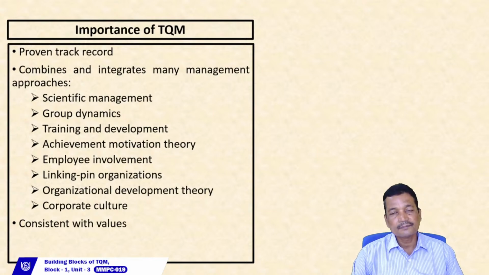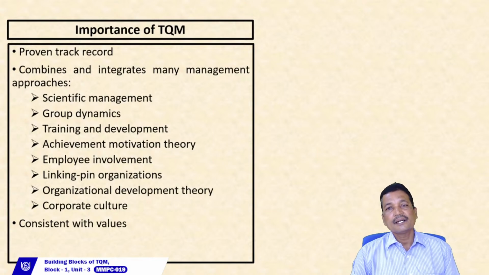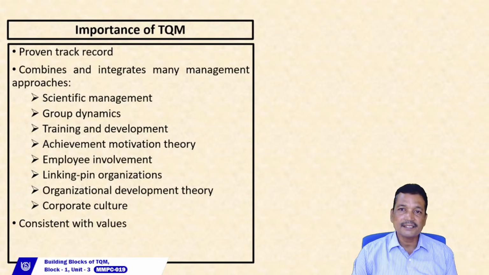Corporate culture. We know that many organizations are there that work in a traditional format where the entrepreneur is acting as the owner, but still many organizations are there where anyone can become the top executive of the organization.